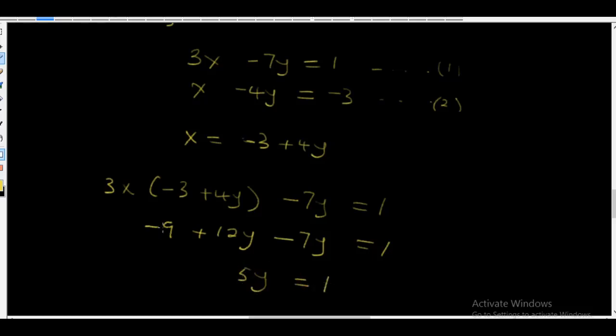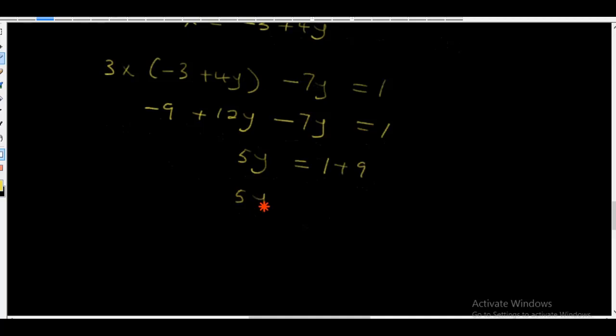I'm going to take this minus sign on the left hand side to the right hand side. It becomes plus 9. So 5y is equal to 10. Divide both sides by 5, and we cancel 5. So y is equal to 2.